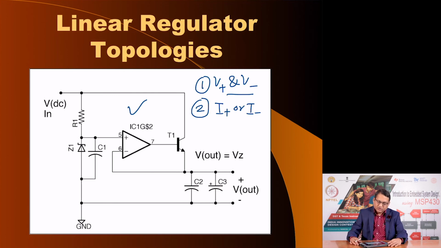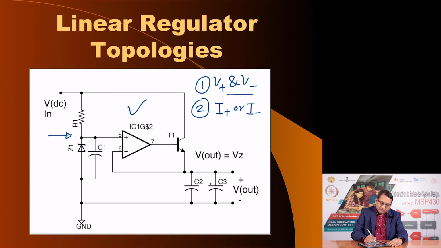Anyway, we can use these two rules of thumb to see how this op amp circuit together with the transistor can work as a linear voltage regulator. I apply a Zener voltage as in the previous case at the non-inverting terminal. The principle of the operational amplifier is to ensure that when you have negative feedback, the two input terminals will have identical voltage.